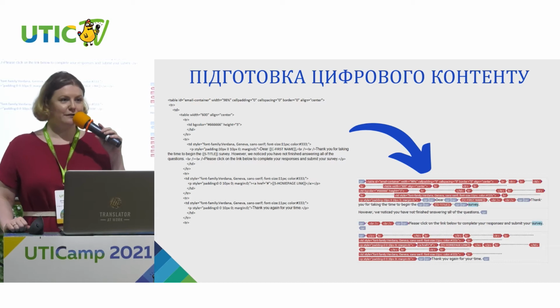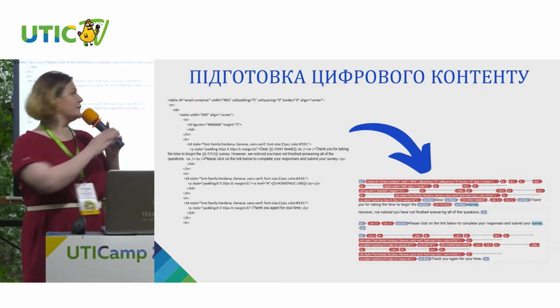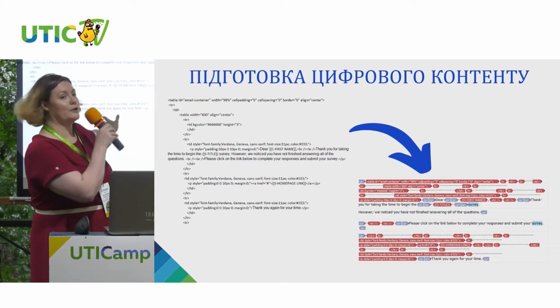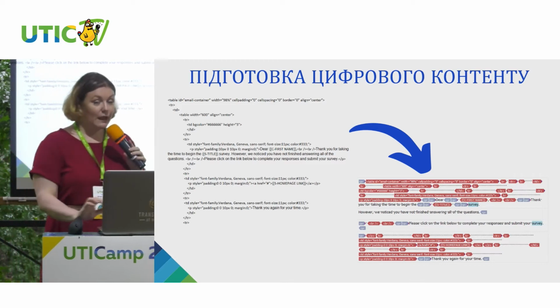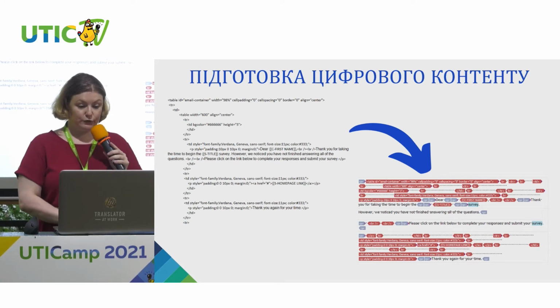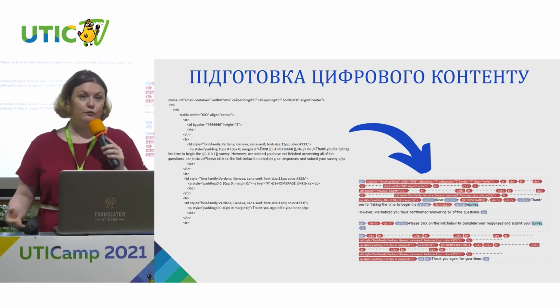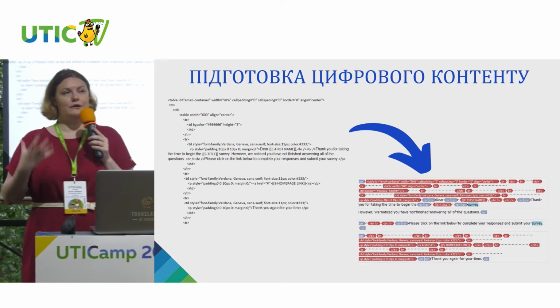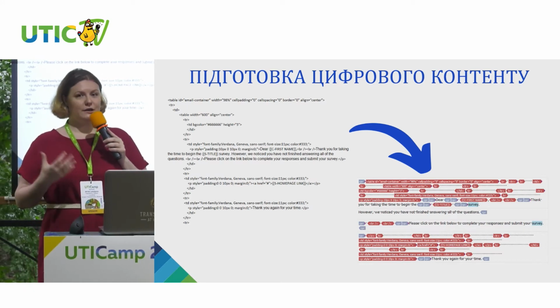And secondly, the localizer's attention is not spread all over the place, as it would be if he or she were working with the text on the left-hand side. This is why it's very important to conduct this preparation step.